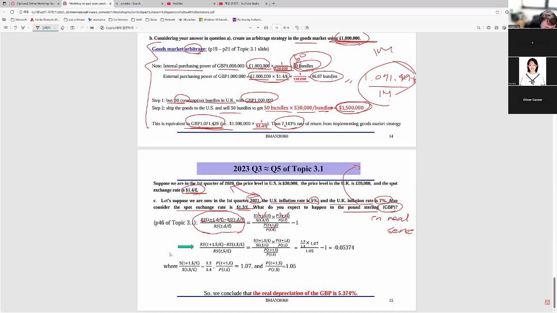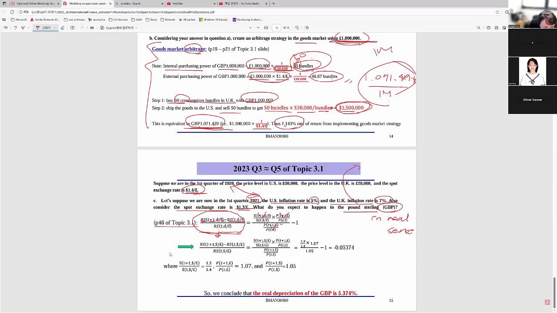By applying this formula, on page 46 of topic 3.1, we can decompose changes in the real exchange rate into three different components. So instead of D, we put dollar, and instead of F, we put pound.